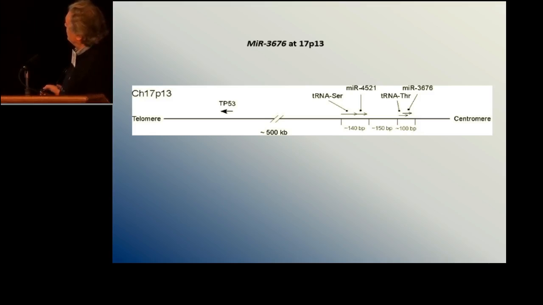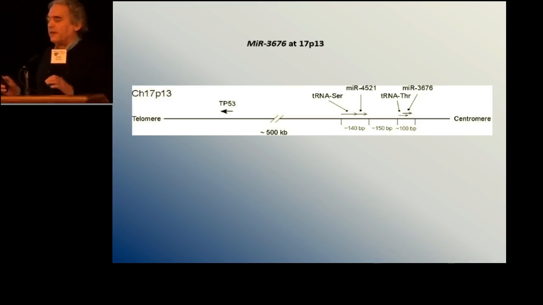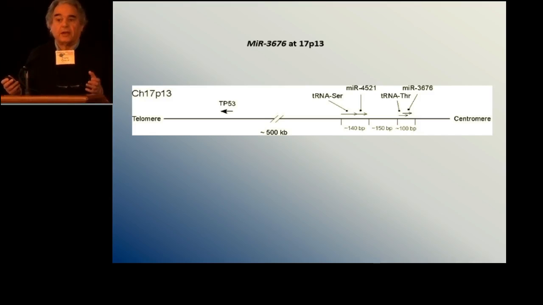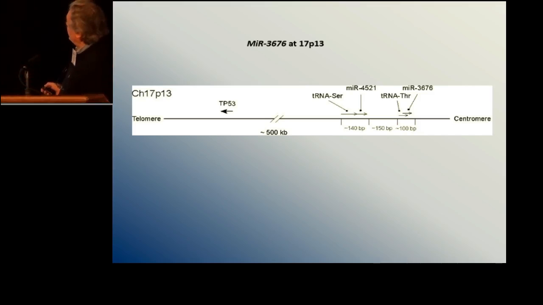And so what happens is that the processing of this microRNA is totally different from the processing we observe with most known microRNA, okay? For example, for a precursor, you have Drosha processing and so on, okay? So in the case of miR3676, you have the tRNA for threonine that is cleaved, liberating miR3676.